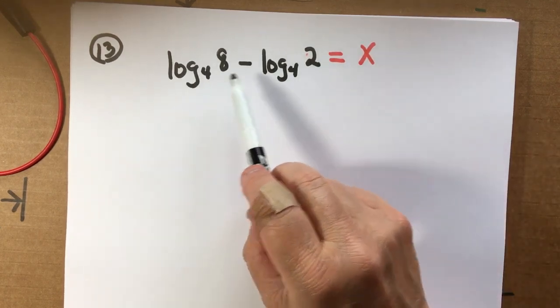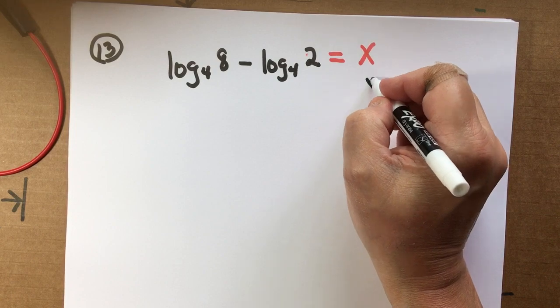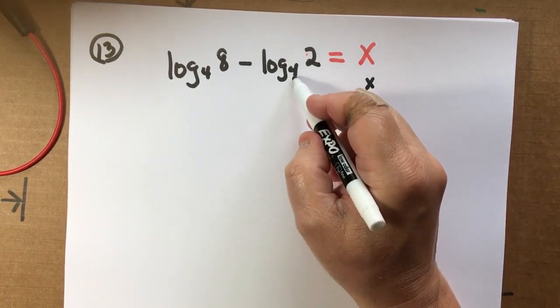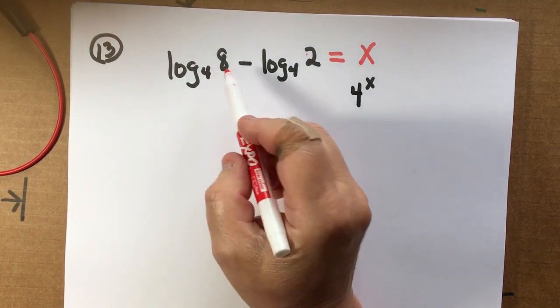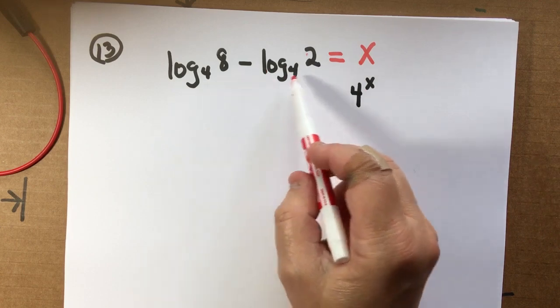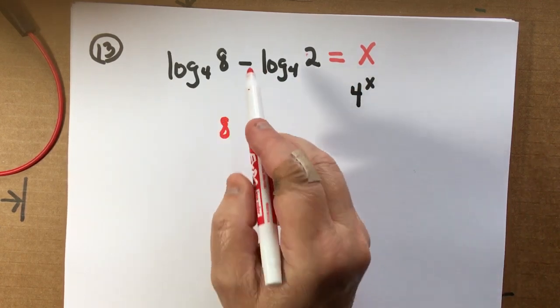Well, it's a complicated log equation now. Does everything have the word log? Well, the x doesn't. So the x must be an exponent of 4. Here you go. Now we can forget the word log because everything has the word log or is an exponent. 8.